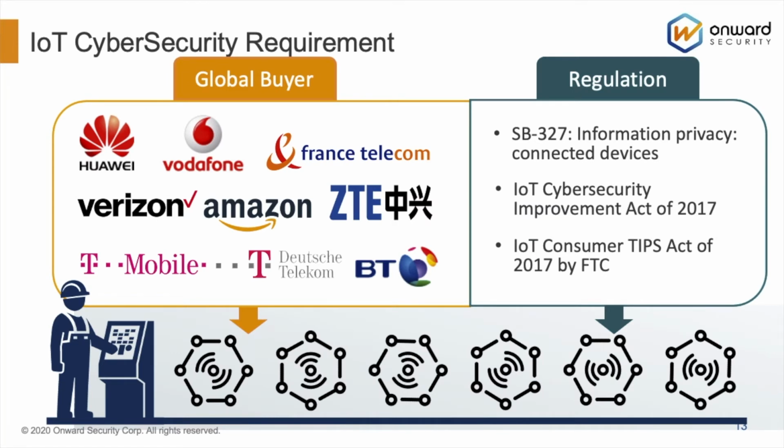And for some organizations like big global buyers such as Huawei, Vodafone, Amazon, T-Mobile, major telecom carriers, they always have their own security requirements and ask the OEM or ODM to fulfill their cybersecurity requirements, because if the manufacturer ships devices with vulnerabilities and uses someone's logo, it will damage the reputation of this global buyer's brand. So the global buyer always asks OEMs and ODMs to follow their security requirements.